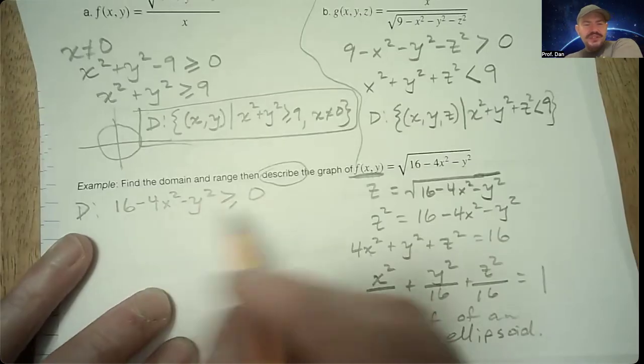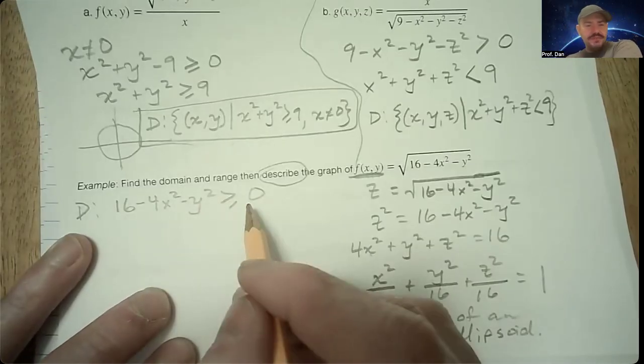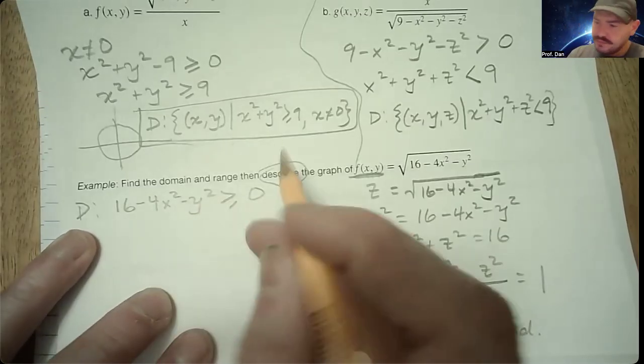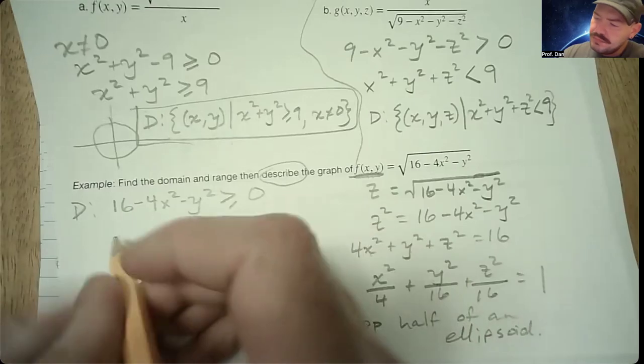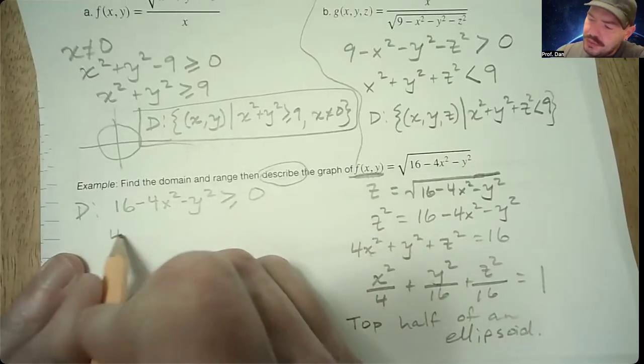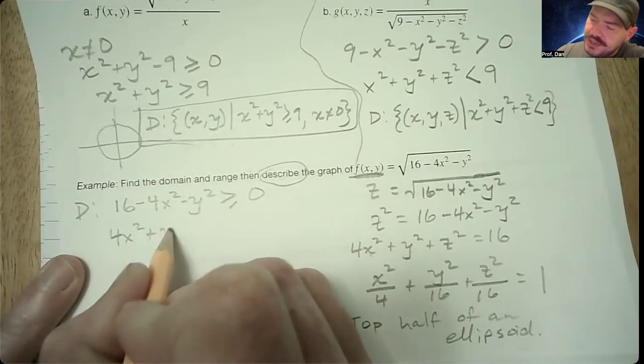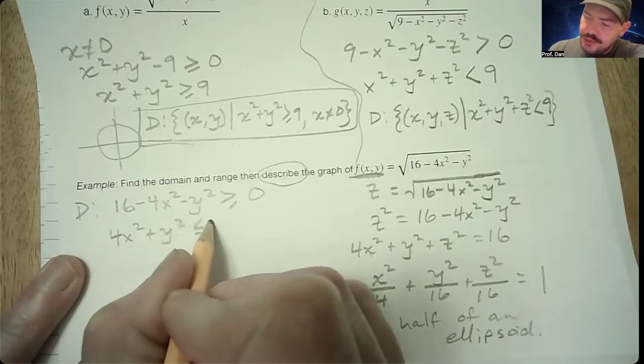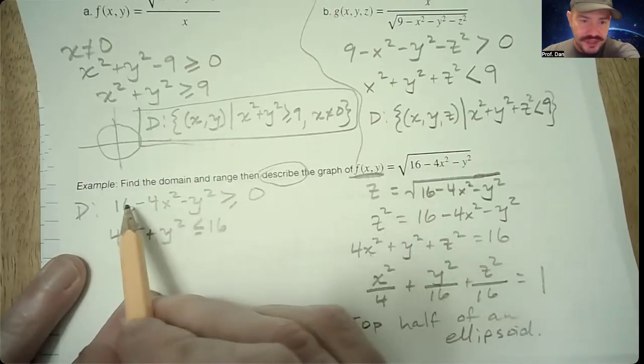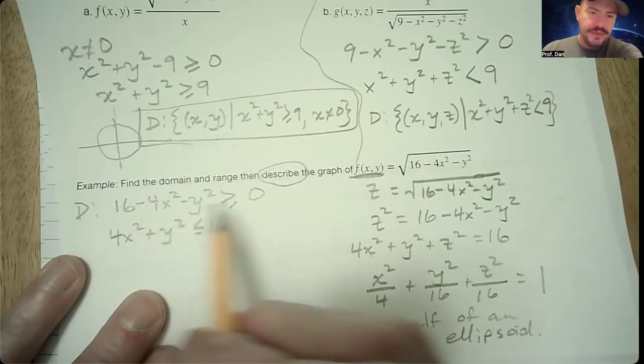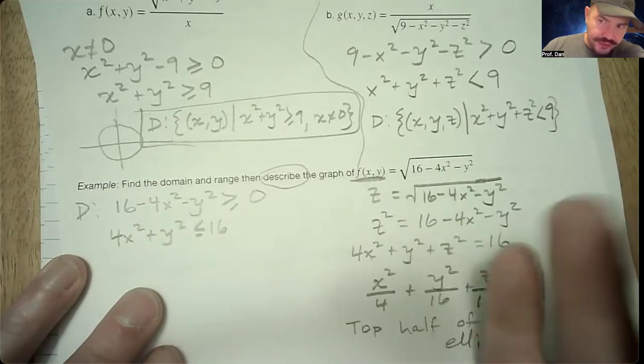So if I were to rearrange this, kind of like I did before, I would get 4x squared plus y squared is less than or equal to 16, or 16 is greater than or equal to 4x squared plus y squared. Same thing.